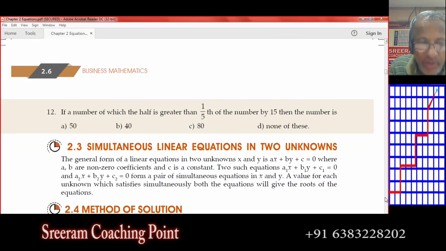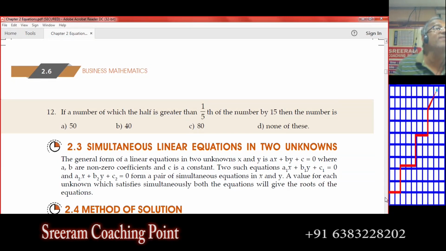If a number of which the half is greater than 1/5 of the number by 15, then the number is. So this is a little tricky.